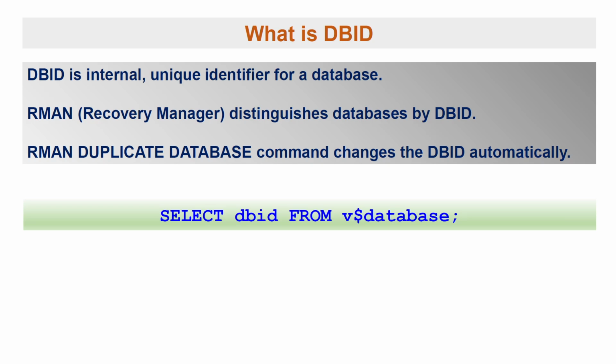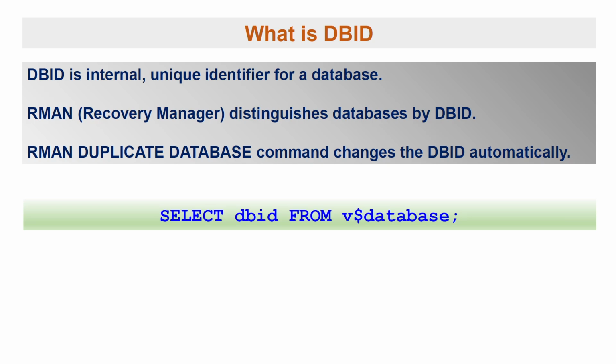Let's say you have two databases with the same name. The database name is test and test, but the DBID is different. Then RMAN will think that these two databases are different. If you have two databases with different names, say test A and test B, but the DBID is the same, RMAN will think that these are the same database. So if the DBID is unique, the databases are unique.